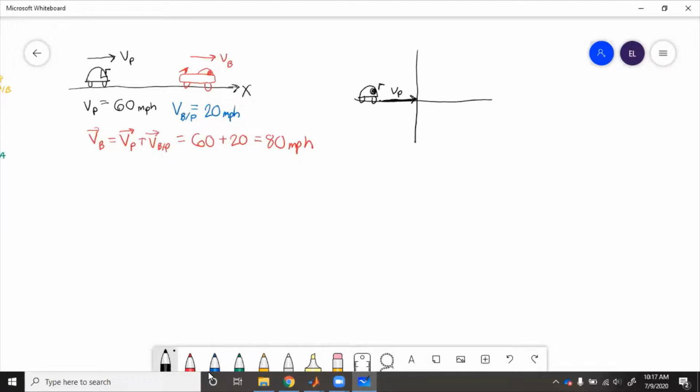Now there's a cross street here. Cross street goes on the y-axis. The policeman street goes on the x-axis. Here comes Bob whizzing through the intersection with velocity VB.